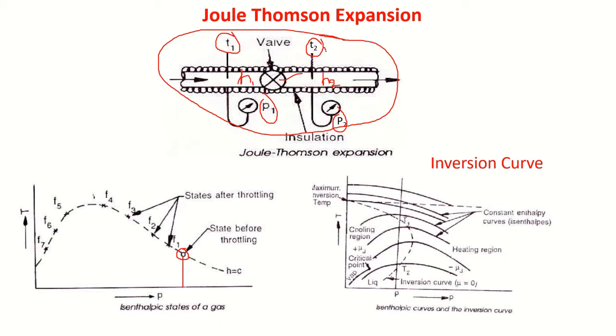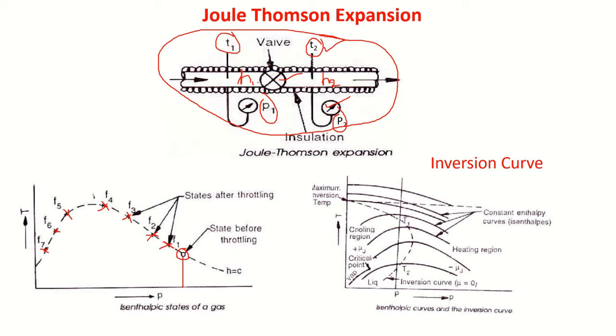Next, I measure T2 and P2 at this point. Let me mark this as one state. Again, change the valve position, allow steady state to happen. Then again note down temperature and pressure values, note down this state. Go on doing like this. These are the number of experiments I have conducted, noted down these properties, and I join all these properties by a line.